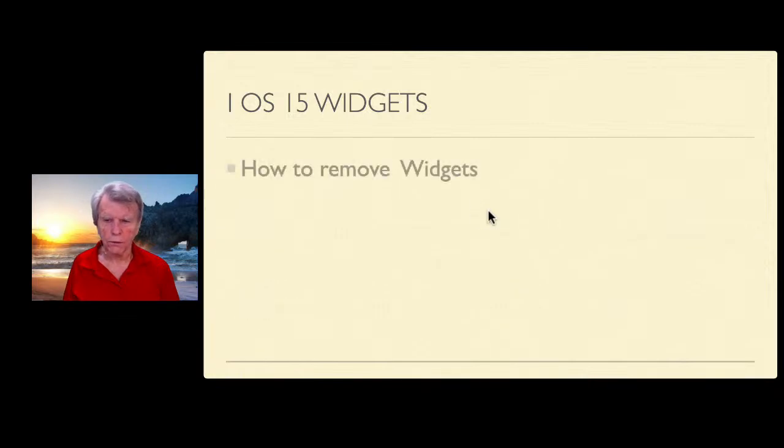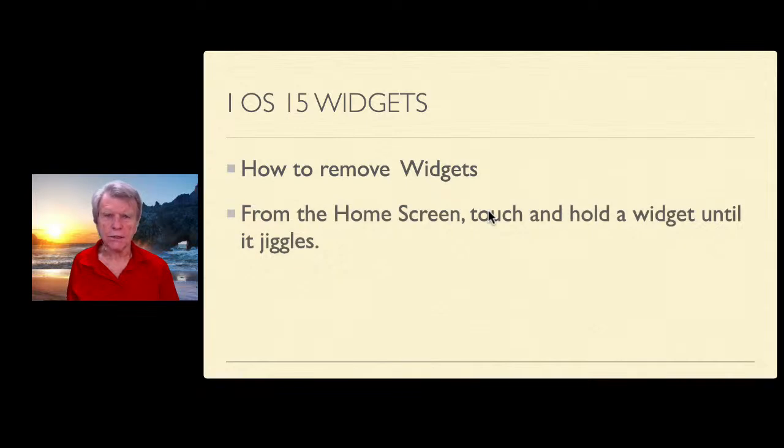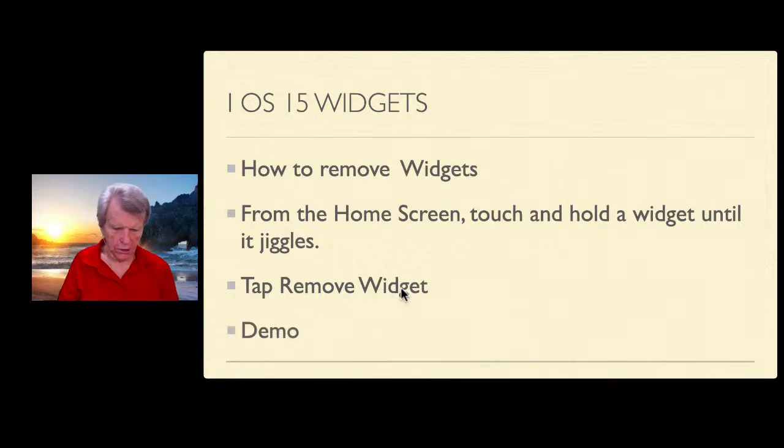Maybe you don't want those widgets anymore, so how do you remove them? Basically the same procedure. You touch and hold a widget until it jiggles. Then you'll see a little pop-up menu and you tap on the selection that says remove widget. So let's see how all that works.